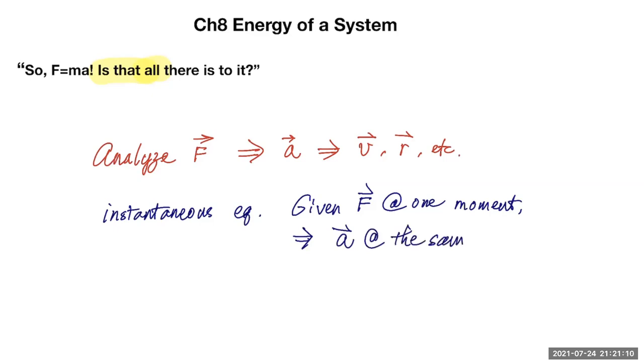So what is a? a is the acceleration, which is the rate of change of velocity, right? So it basically tells you, once I know F, I can find how fast the velocity changes.